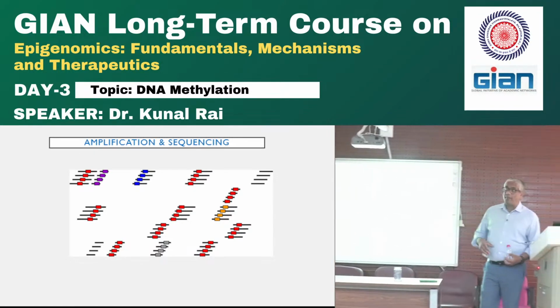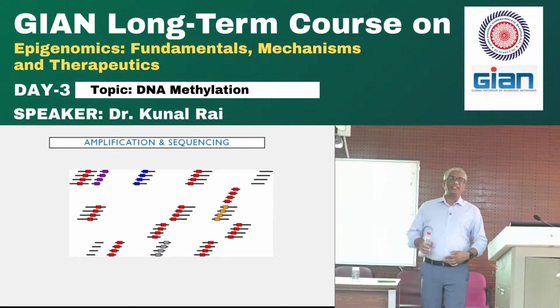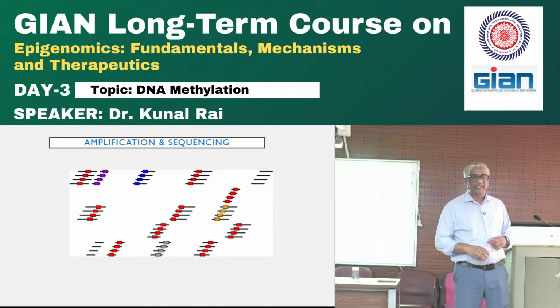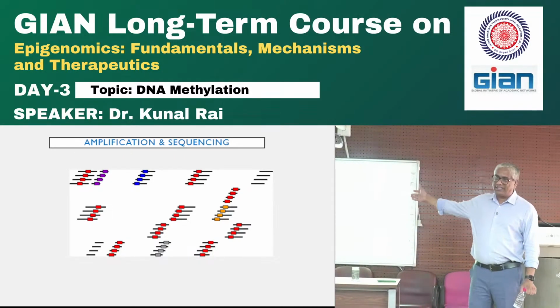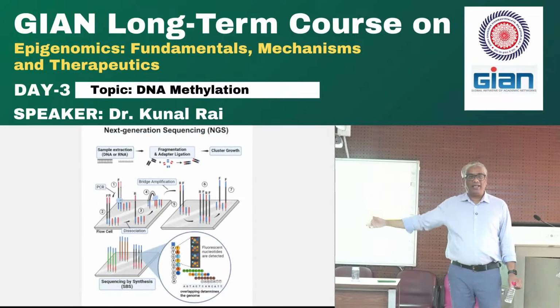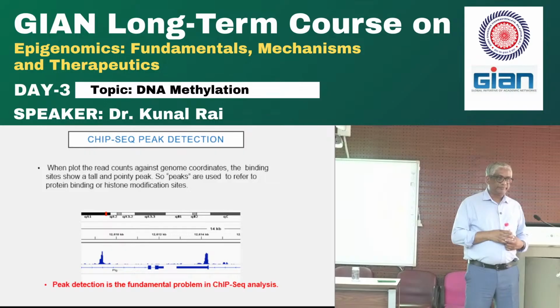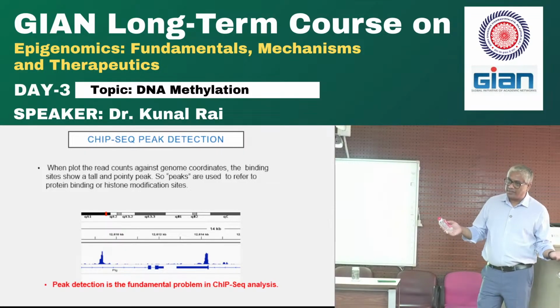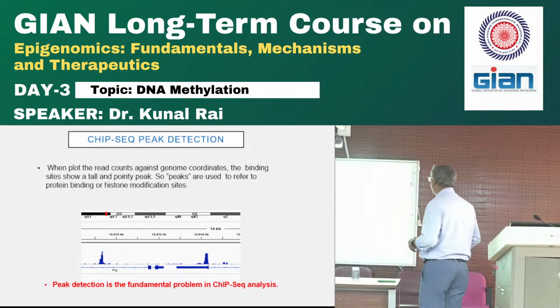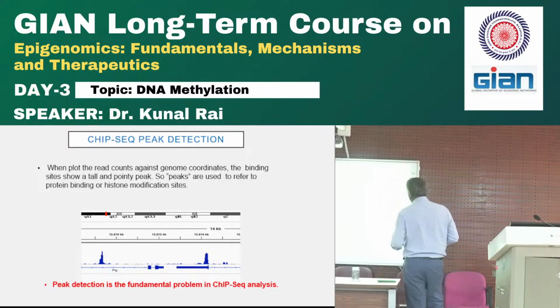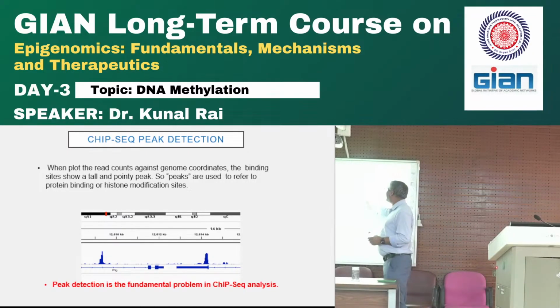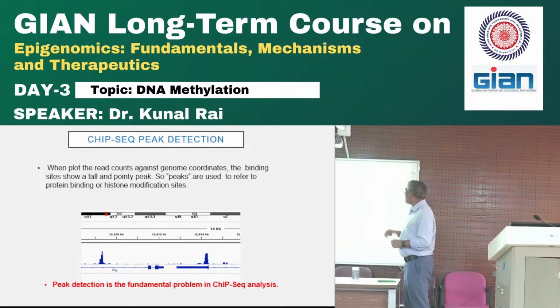So the main problem in a computational analysis of ChIP-seq data is peak detection. Meaning, what is a peak? A peak is just pile up. What is pile up? Pile up is just where your sequence was, right? So now, when you plot the read counts against the genomic coordinates, the binding sites show a tall and pointy peak.